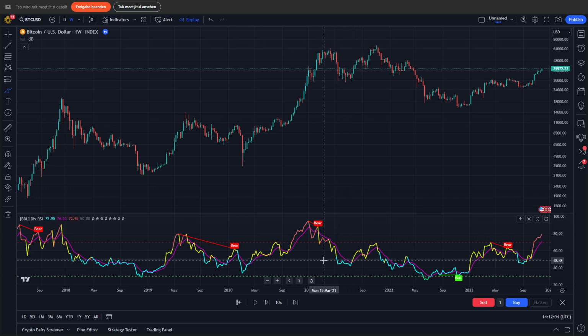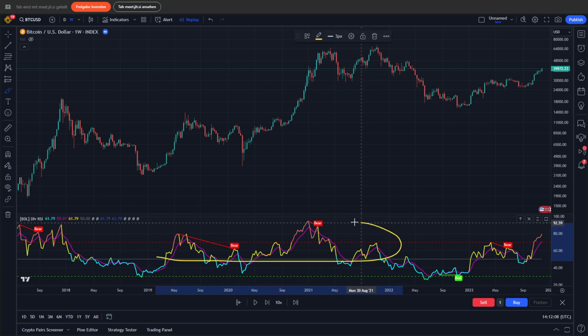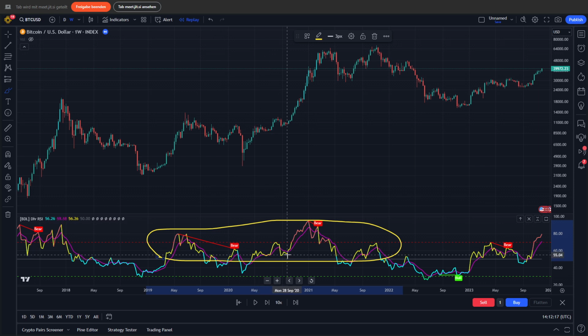You can see on a weekly time frame, when the RSI came back to the 50 zone and held it as support, then you would probably get another leg up. That's why I love this indicator so much, because I only have to look at the colors now.